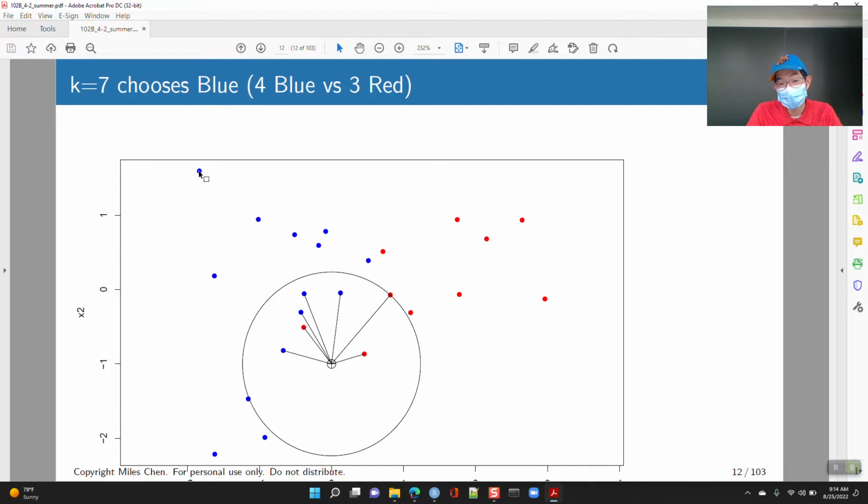And at k equals 7, we have 4 that are blue and 3 that are red. It looks like this one was really close, but it's just ever so slightly farther away than this point. And so these are the 7 points that are closest to our test case, and 4 of them are blue and 3 are red, and so therefore it would get classified as being blue.